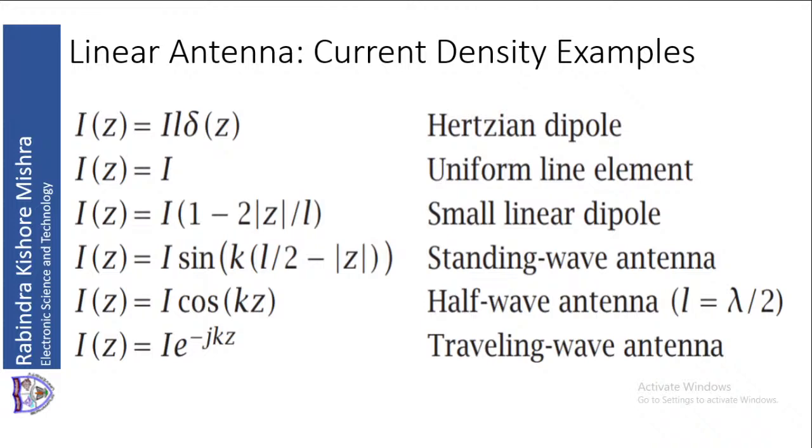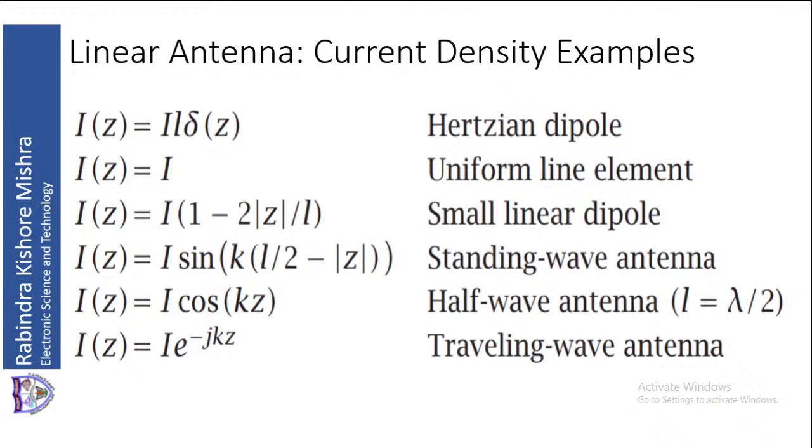Those functions are: Iz is equal to I L delta Z, which means I is the current, L is the length of the antenna, and delta Z means it exists only at Z equal to 0, otherwise the current is 0. If that type of current distribution is there, then we call it a Hertzian dipole.